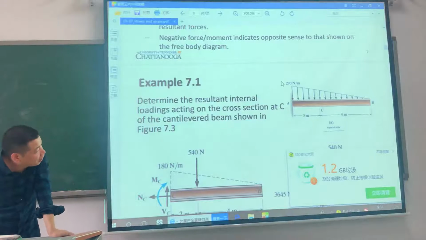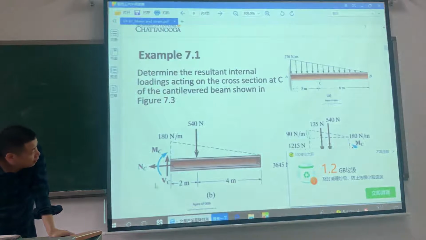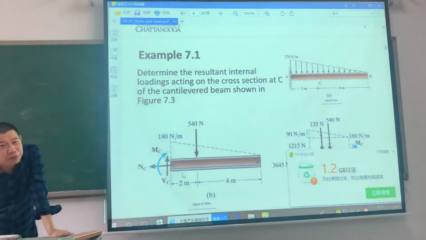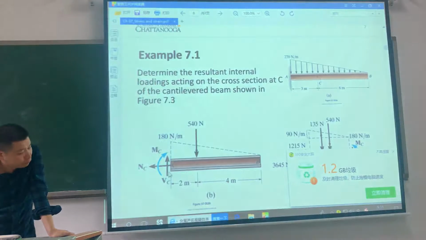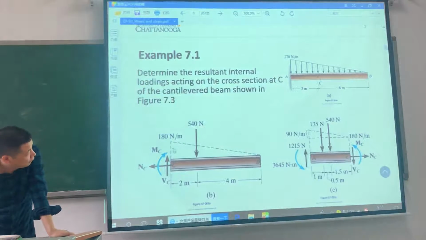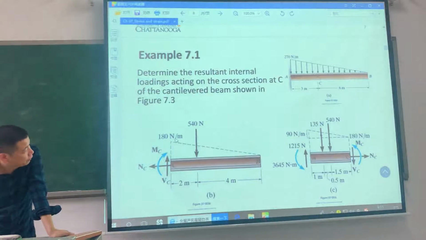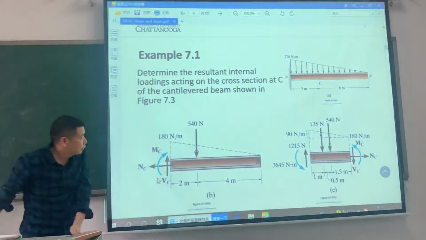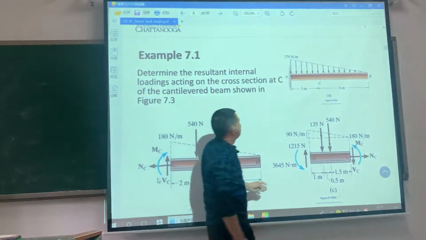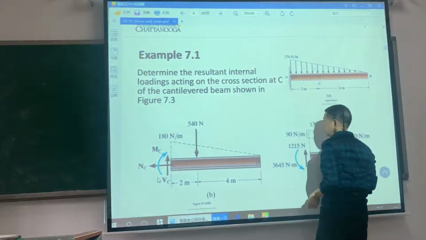Let's introduce it. At first, make a cut at point C. Draw the free body diagram. This part, where we exert the forces on this part.